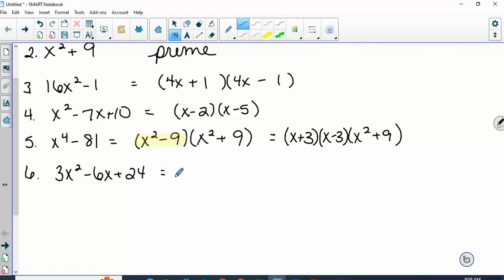Looking at this one, what could we do? Greatest common factor. Now what do we do with that 3? Take out the 3. So then we have our 2 parentheses. So x squared breaks into x. What multiplies to positive 8 and adds to negative 2?